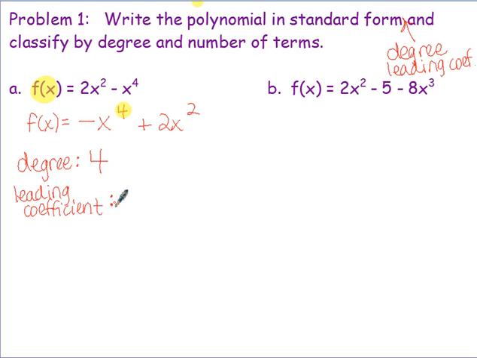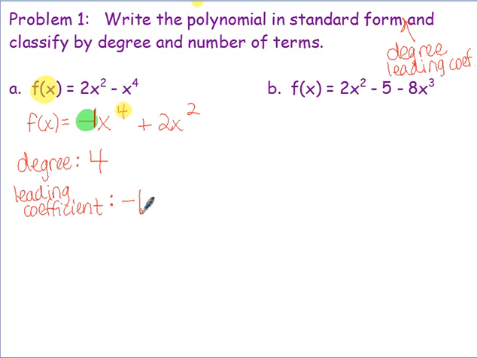Well, the definition of leading coefficient is the number in front of this guy. So if I turn to the number in front, I'm looking at that right there. Well, that is a number. It's not just a negative. It is a negative 1. So our leading coefficient is negative 1.